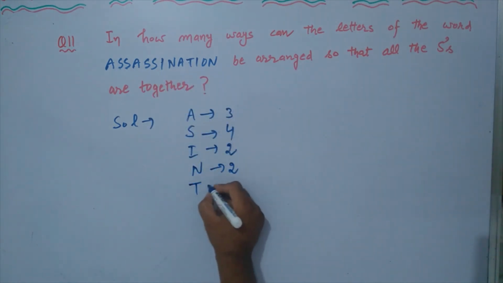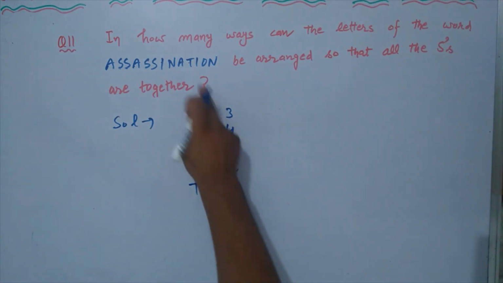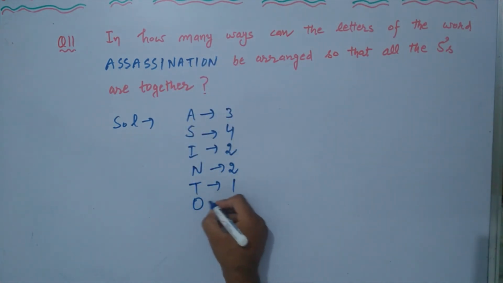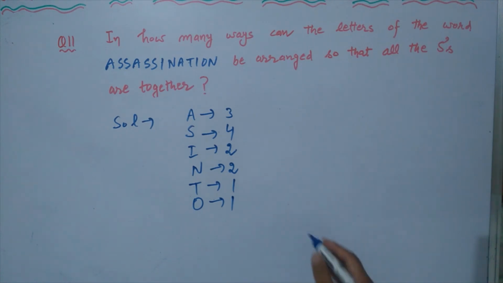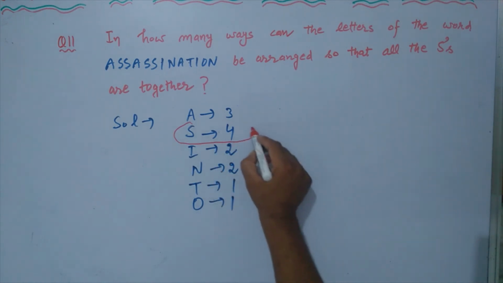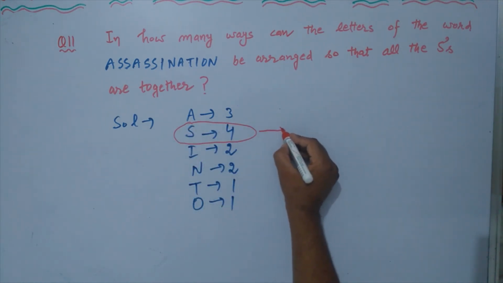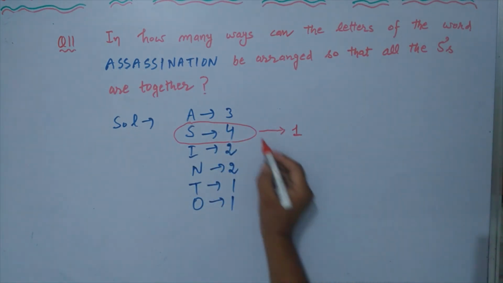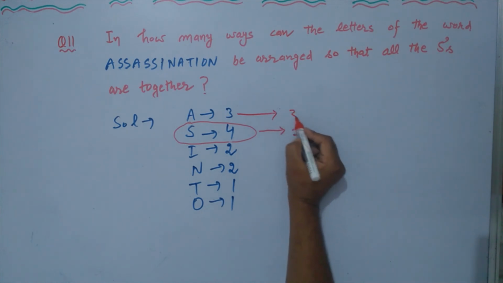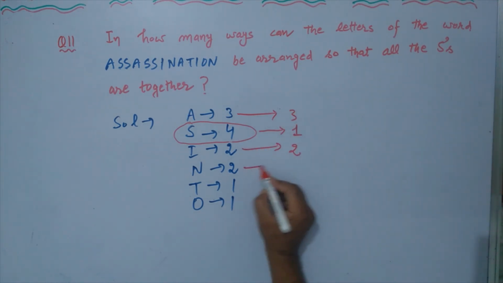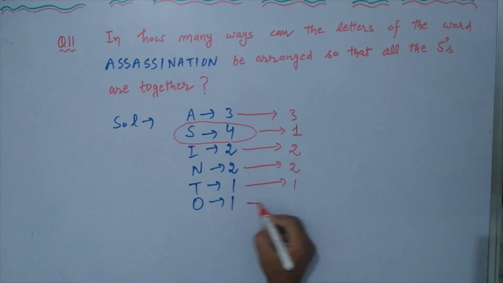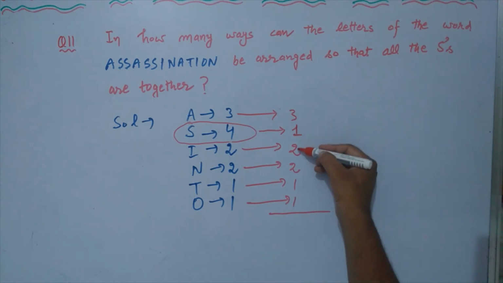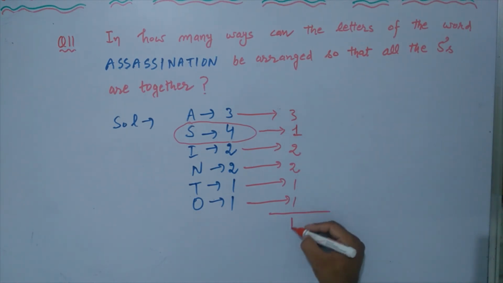T is repeated 1 time. O is repeated 1 time. Now the question is, keeping all the S's together, that means we consider all the 4 S's equal to 1 letter. Rest remains same, 3 2 2 1 1. Now total number of letters, they are 3 plus 1, 4 5 6 7 8 9 10.